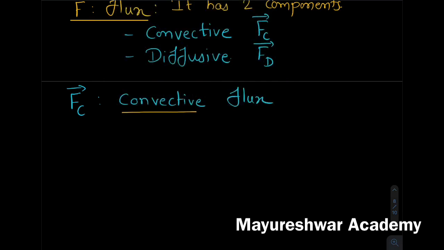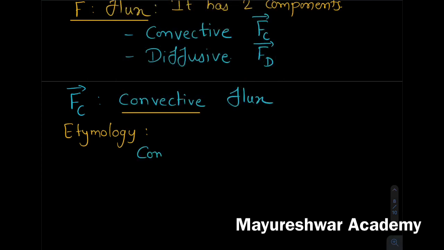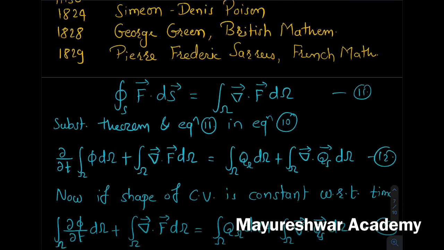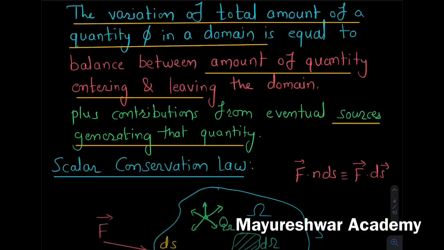Again, if we look at the word convective, before modeling we need to understand what is meant by convective flux. Etymologically, it has the same prefix, the Latin con, which we have already used in the word conservation.